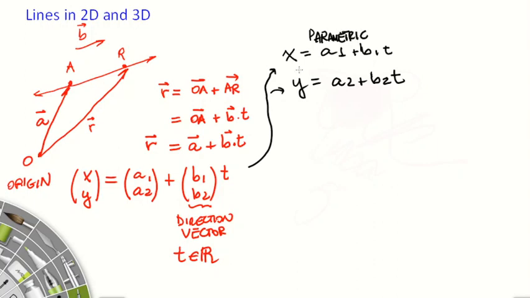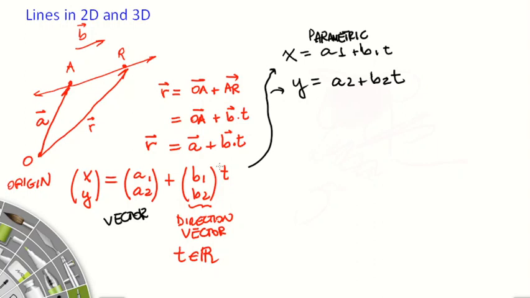Those are the vector equations, and those are the parametric equations. t is called a parameter, and for each different t, which is a real number again, we're going to have a different point in that line.